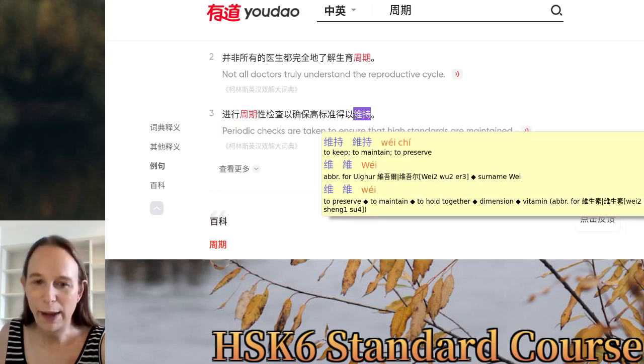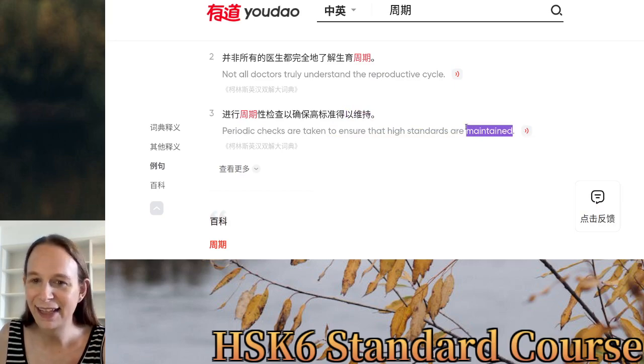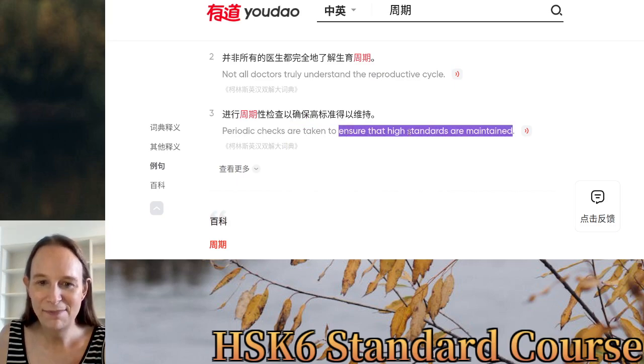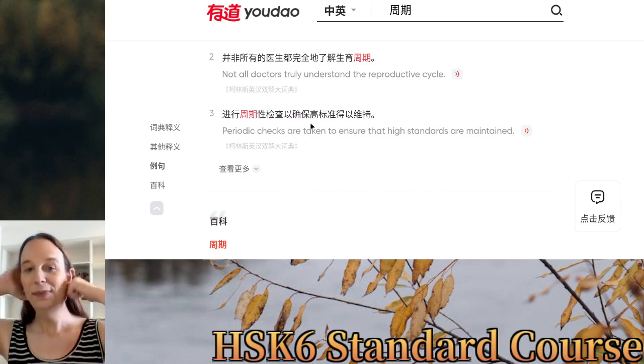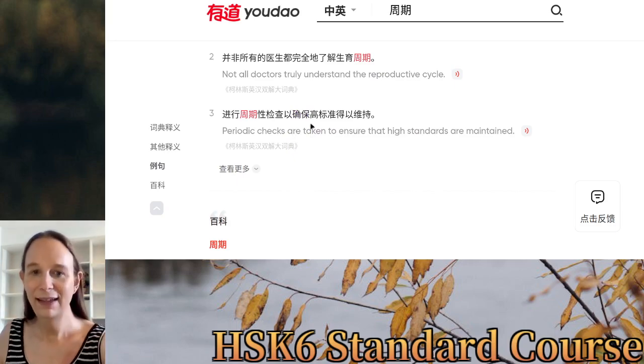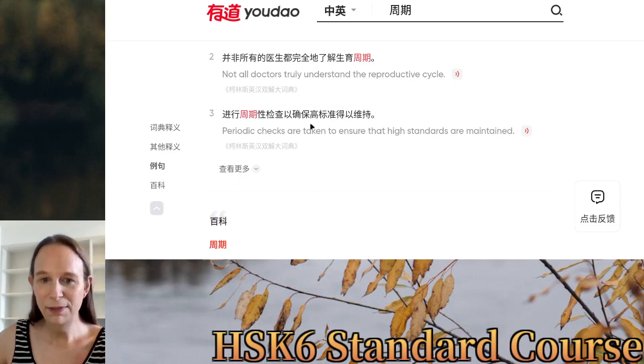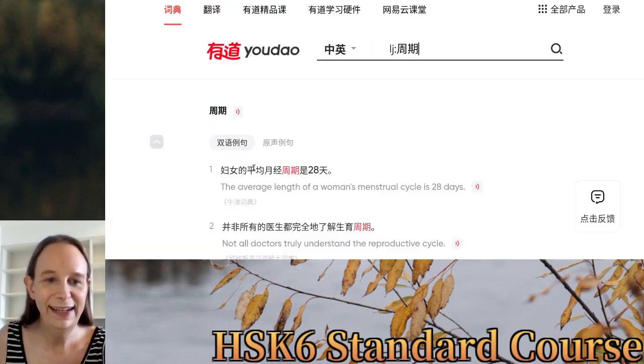Yeah, so the problem is 维持 is to maintain. So I feel like they wanted to translate that into that word. But 确保, ensure high, yeah. You could just say maintain or ensure high standards. Or maybe you could say 确保高标准的维持. Yeah, that's better. Ensure the maintenance of high standards. Anyway.